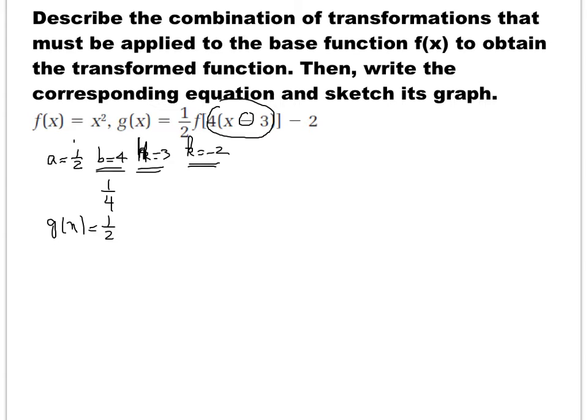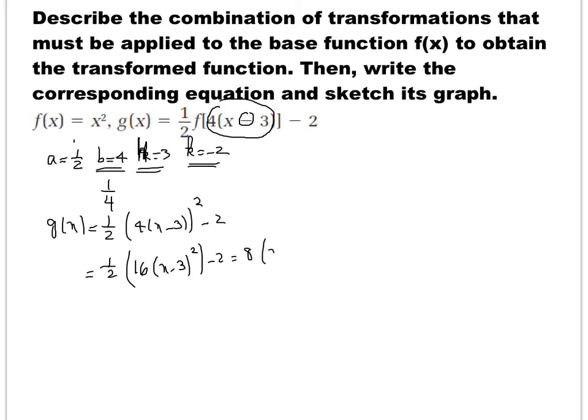So I'm going to have 1 over 2 times (4 times (x minus 3)) squared, and then minus 2. 4 times (x minus 3) squared is going to give me 16 times (x minus 3) squared minus 2, which is 16 over 2 gives me 8 times (x minus 3) squared.